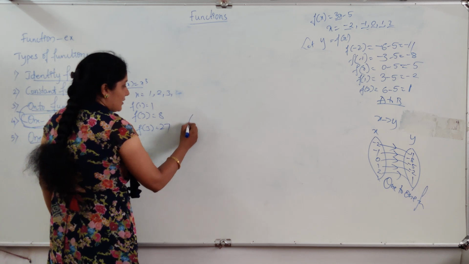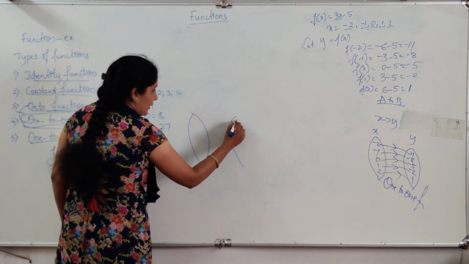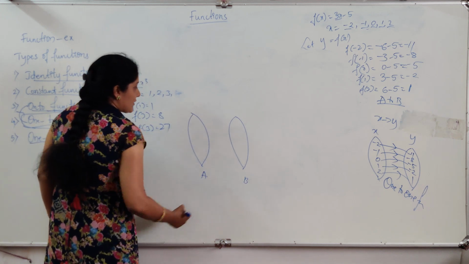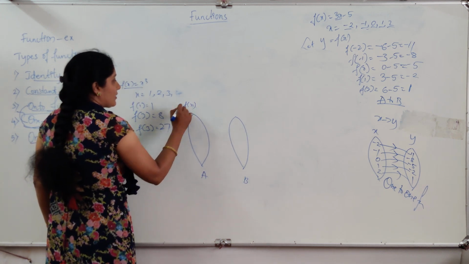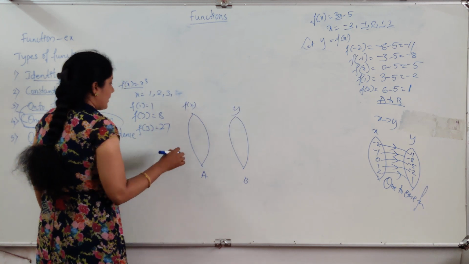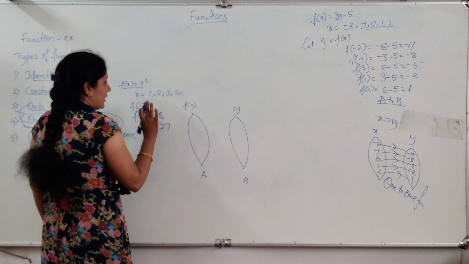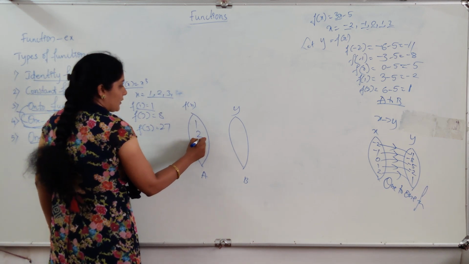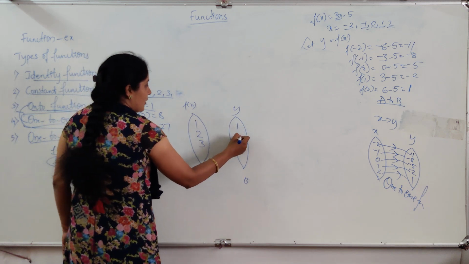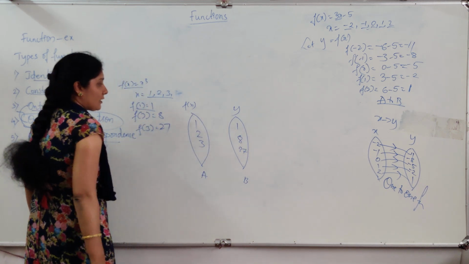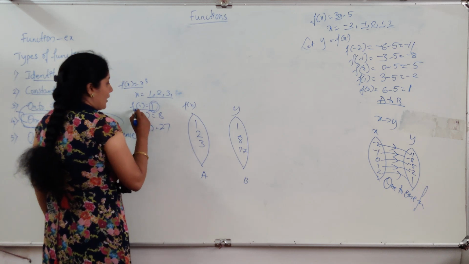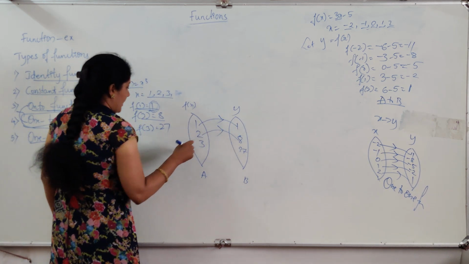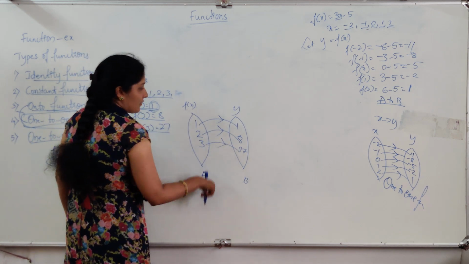Now, let us draw the function. You can call it A and you can call it B. This is f of x. This is y. Now let us write the elements of this set: 1, 2, 3. And here you are getting 1, 8, 27. So 1 to 1, then 2 to 8, and then 3 to 27.